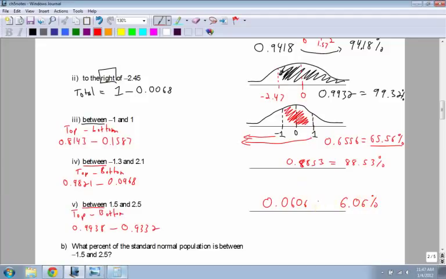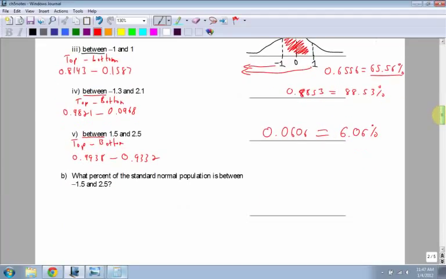Okay, so it's a good idea to think in terms of your decimals and your percents. Like right here, it says what percent of the standard normal population is between negative 1.5 and 2.5. We've done those. And that's just converting it to a percent afterwards.